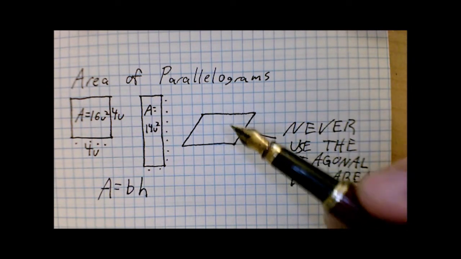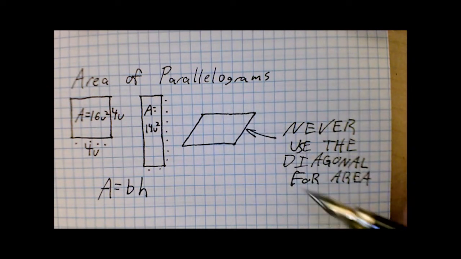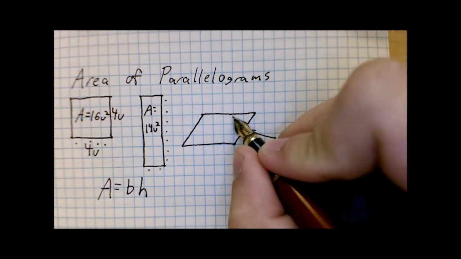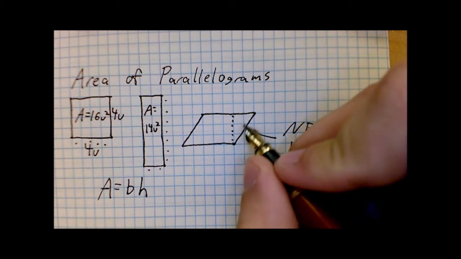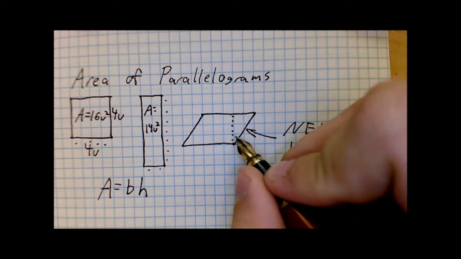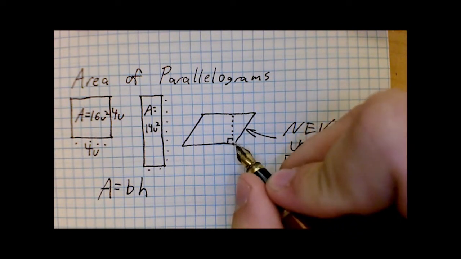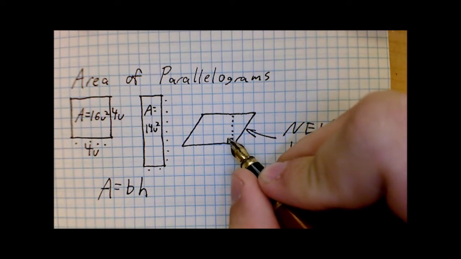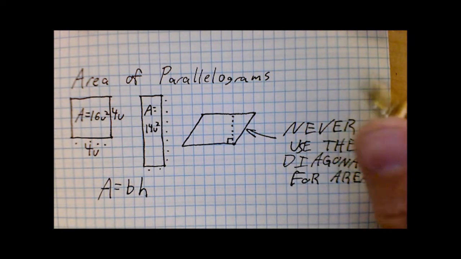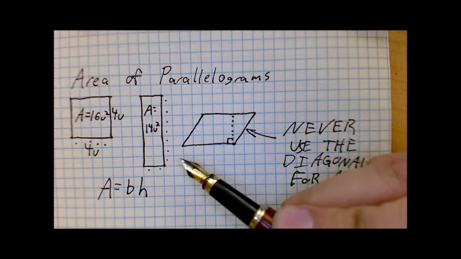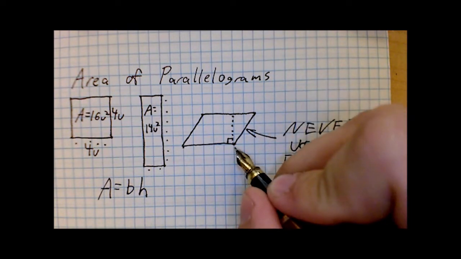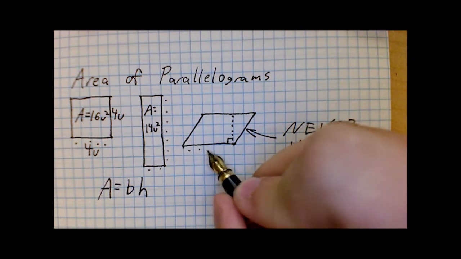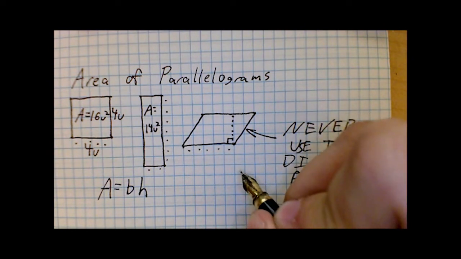A lot of times, mathematicians will draw the height as a vertical dotted line, cutting off this little triangle piece, and indicating that this is vertical by adding a right angle. Now, we count out the base, which goes from this corner all the way over to this corner. 1, 2, 3, 4, that is 5 units.